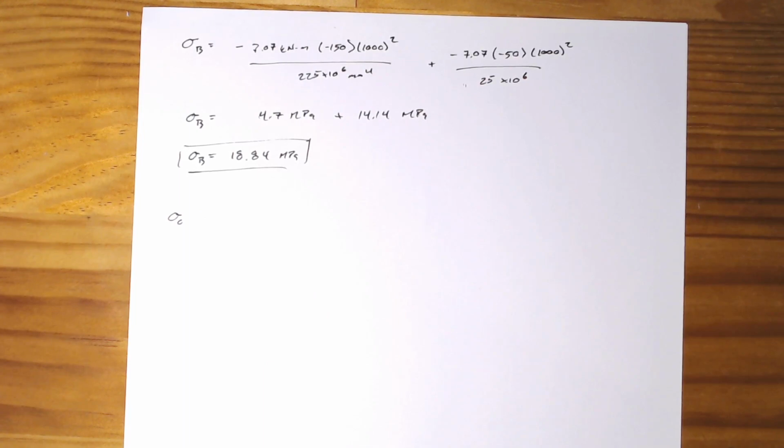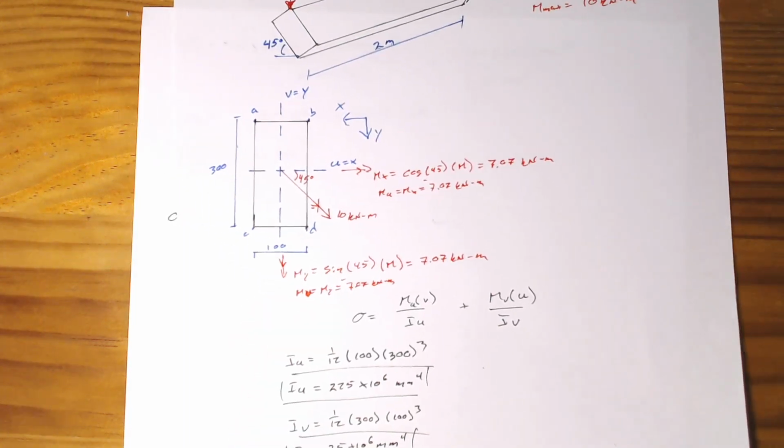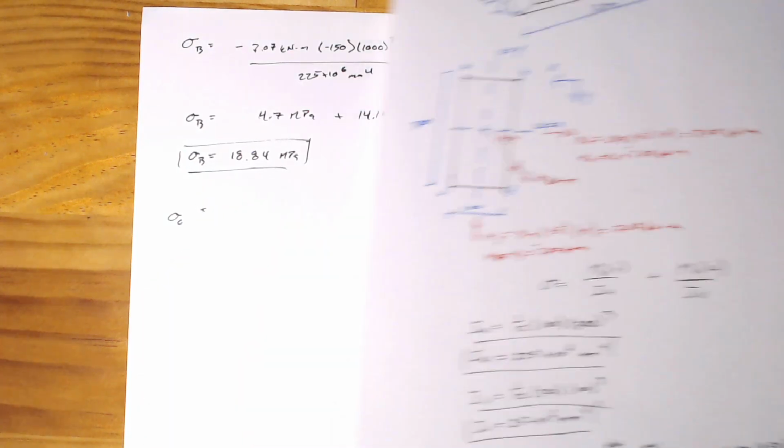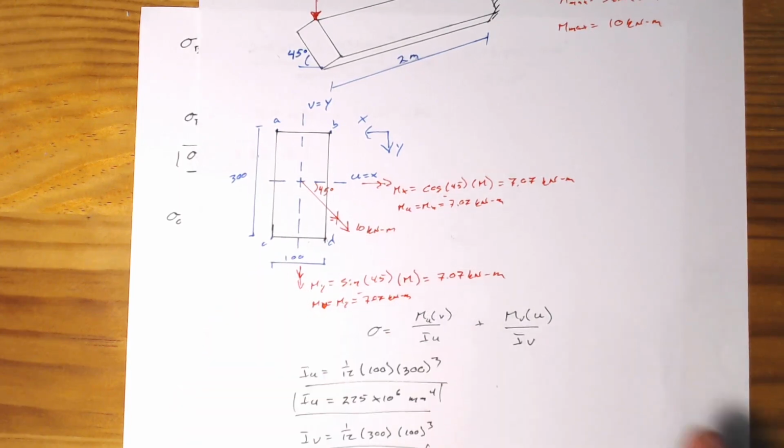Sigma C, so now we're coming down to this point here. It's simply going to be, our x and y will be a positive 150 down and a positive 50 over.